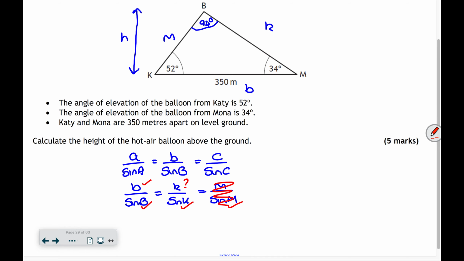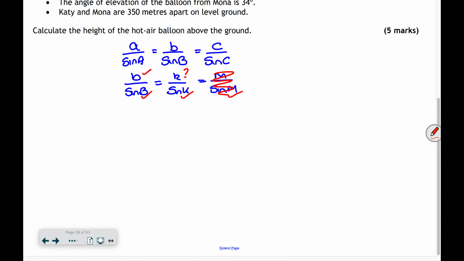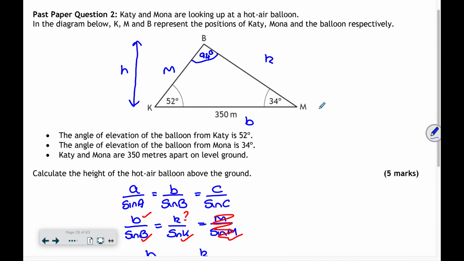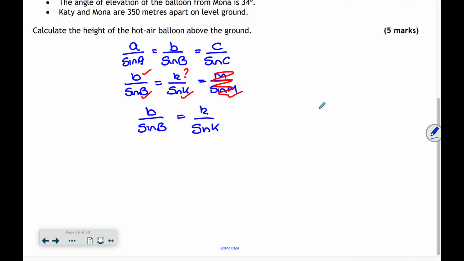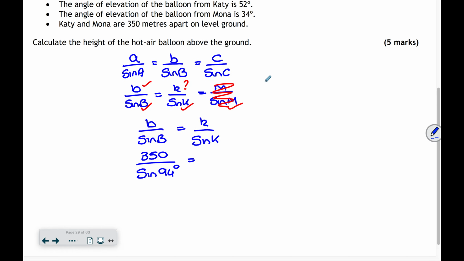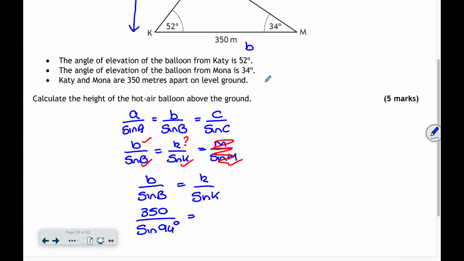So forget that fraction there. We're going to work with B over sine B is equal to K over sine K. Let's put in some values then. That's going to be 350 over sine 94, and I've got that because I found the third angle, is equal to K over sine 52.